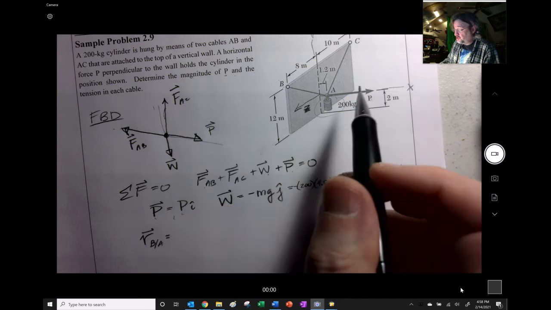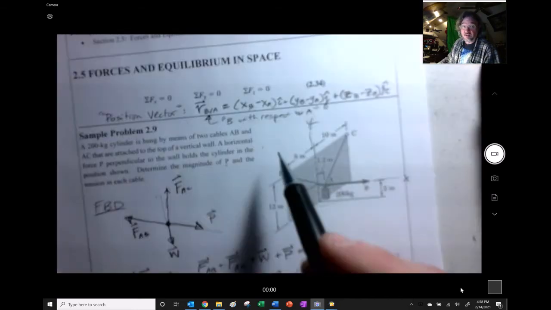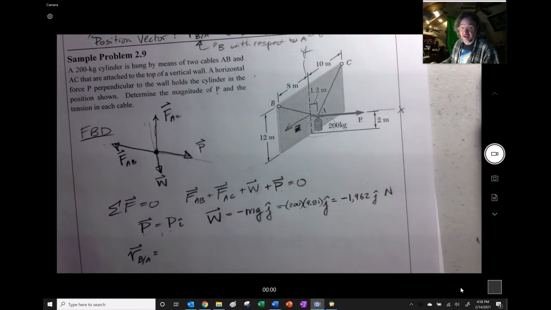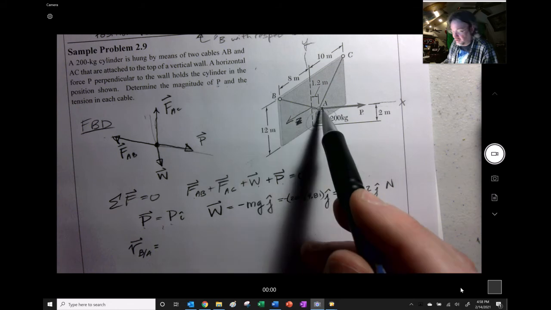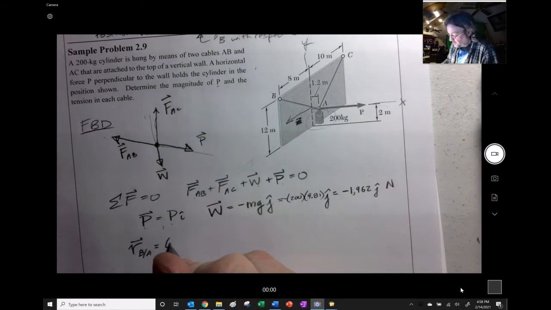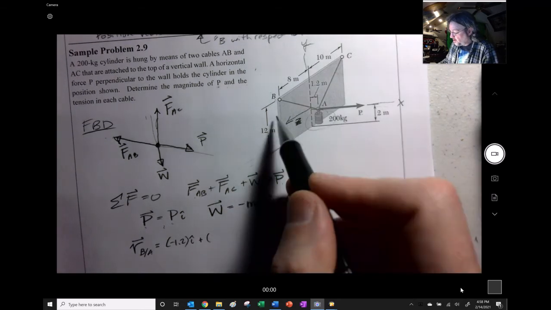And if we needed to, we could walk through and say xB minus xA and that kind of thing. But we could observe it from here: in the x direction, B is at negative 1.2, right? So negative 1.2 I plus, and it's going upwards.